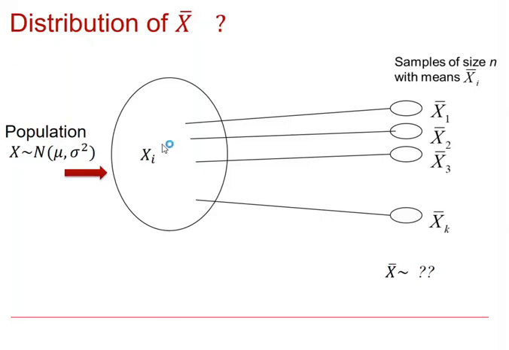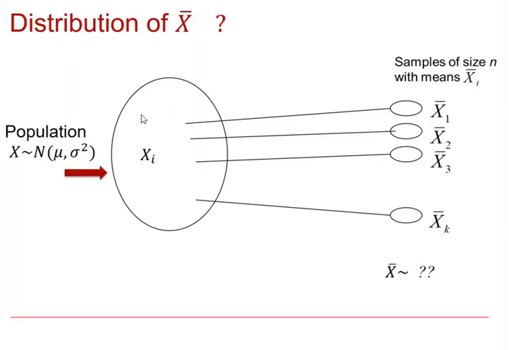And we have here this elliptical shape that is representing a population of X. And X is distributed normally with mean mu and variance sigma squared.